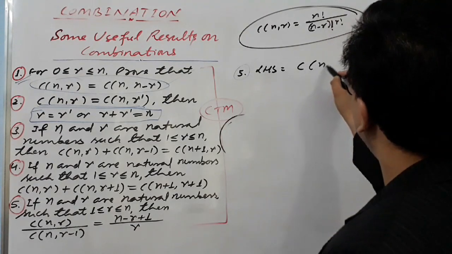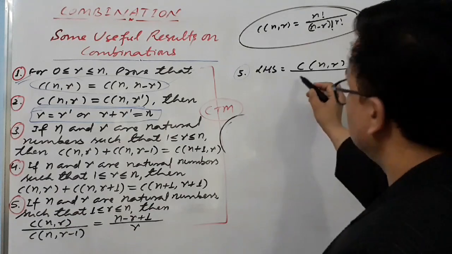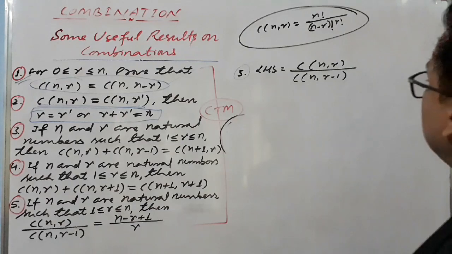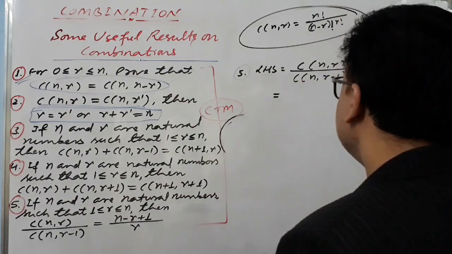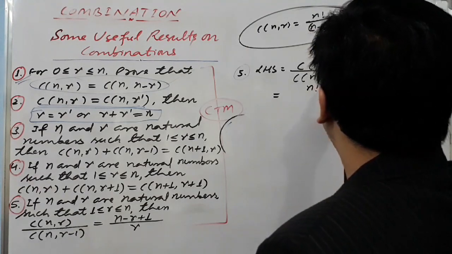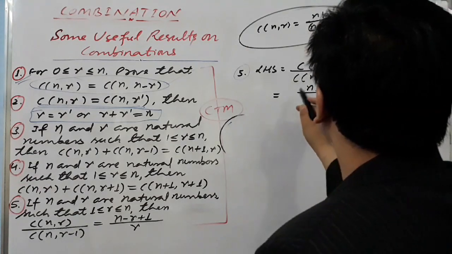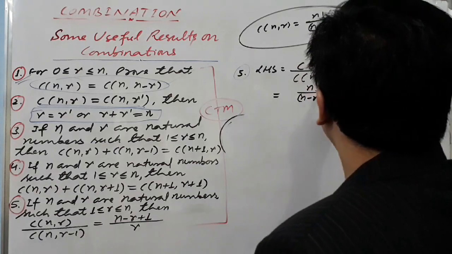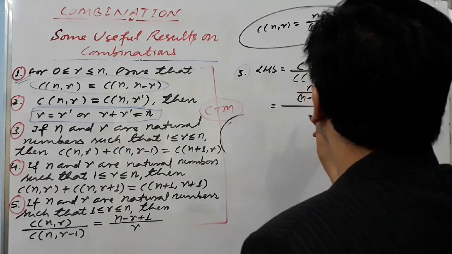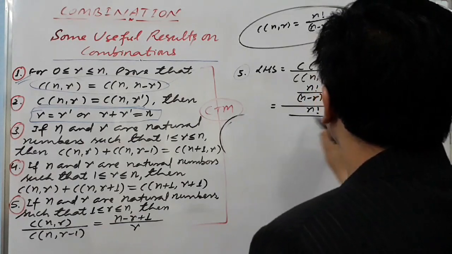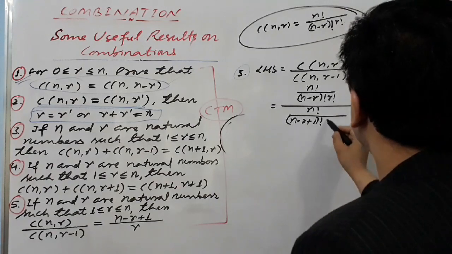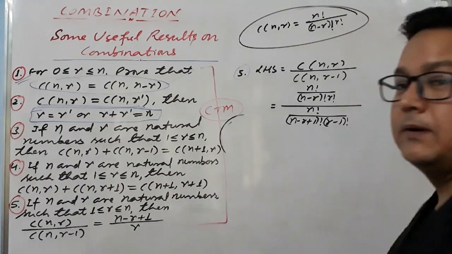Left hand side: C of n comma r over C of n comma r minus 1. So you just have to expand. You have to use the theorem: n factorial over n minus r factorial, whole upon n factorial over n minus r plus 1 factorial, and here r minus 1 factorial.